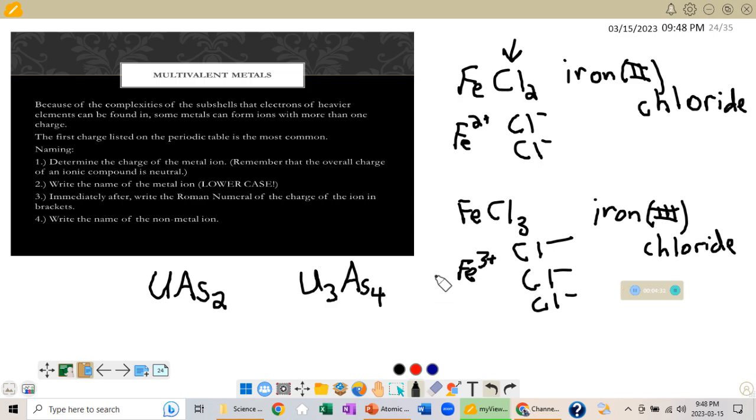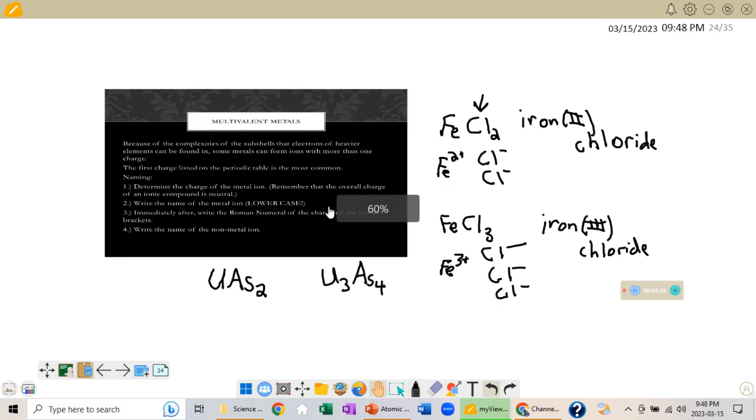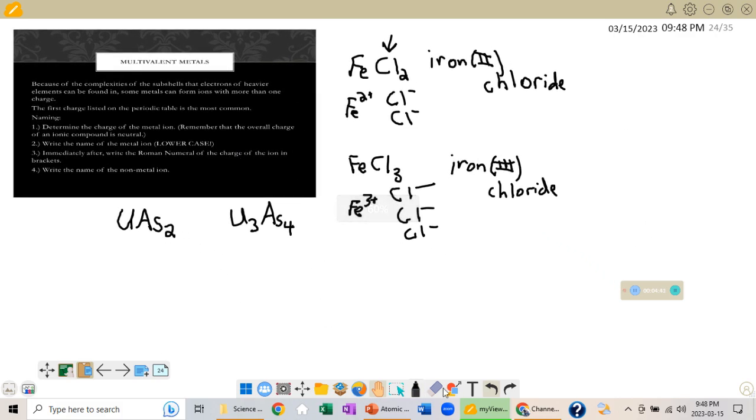All right, so let's figure both of these out. I'm going to have to make this a bit smaller so we can get there. The U, now I've got to find this on my periodic table. This is going to be some kind of uranium. And I see right away that uranium can be 4+ or 6+.